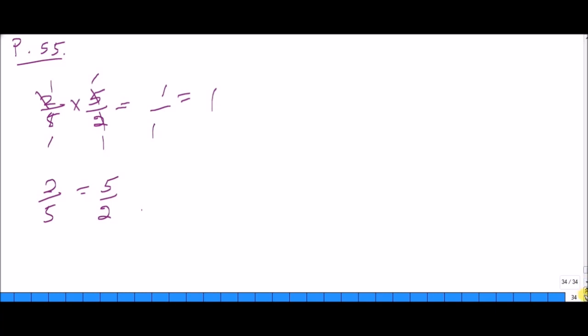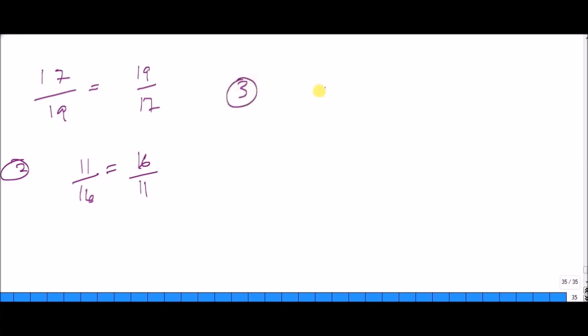Then we moved on to exercise 1, which asks us to find the reciprocal of 17/19. And this would simply be 19/17. For number 2, it would have been 11/16, and the reciprocal would have been 16/11. For number 3, they asked us to find the reciprocal of 2 and 5/9.